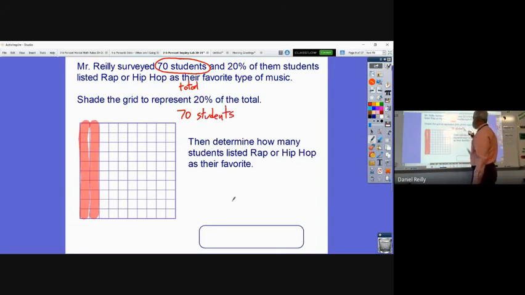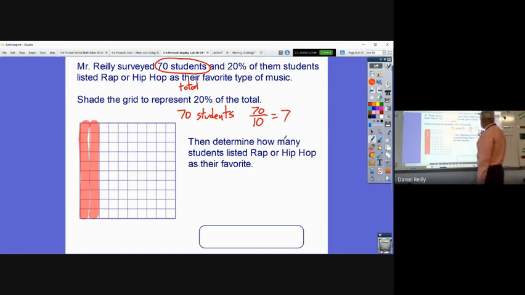That means each column is worth how many, Riley? The total grid is worth 70 students, then each one of these columns is going to be worth how many students? Because I'm splitting it into 10, each column, right? There's 10 columns.